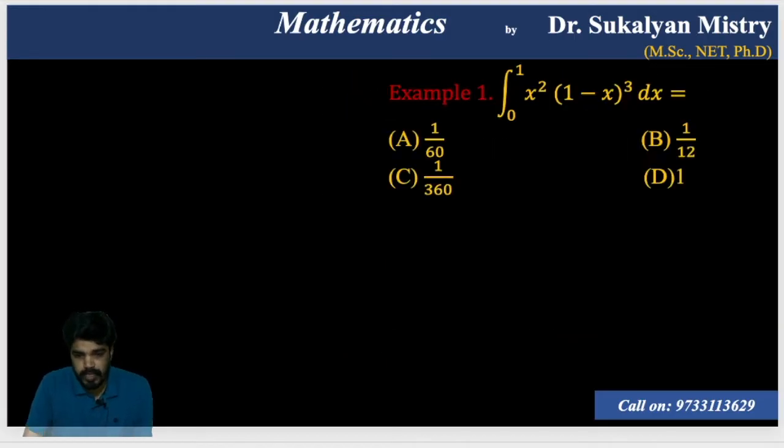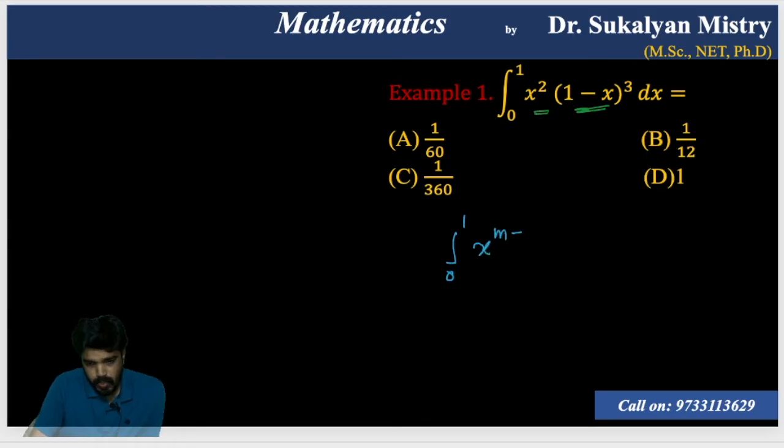So, first problem. Here we have to calculate the integration 0 to 1 x square into 1 minus x whole cube dx. This is of the form of the beta function, because beta function is defined as integration 0 to 1 x to the power m minus 1 into 1 minus x to the power n minus 1 dx, that is beta m n.